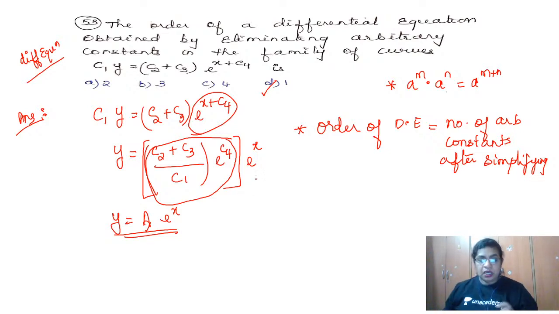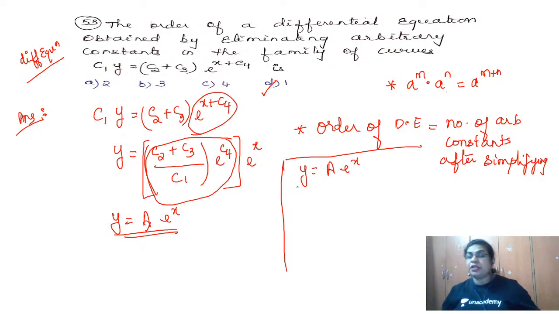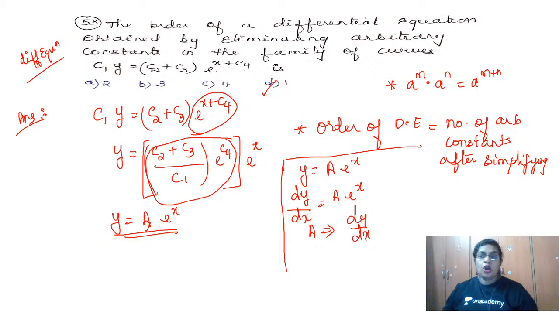Now, you may think, what is another method? I have another method also. Suppose we have y is equal to a into e power x. I have to get rid of that arbitrary constant a. So how many times do I have to differentiate? I have to differentiate one time because I have found one constant. So dy by dx is equal to a into e power x. So what is a from this? a is dy by dx divided by e power x, or e power minus x.